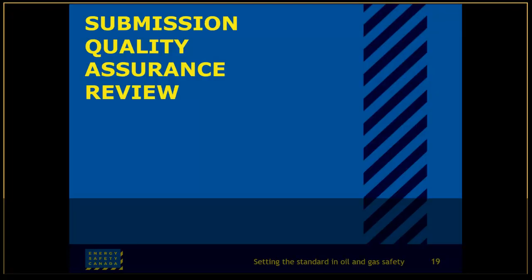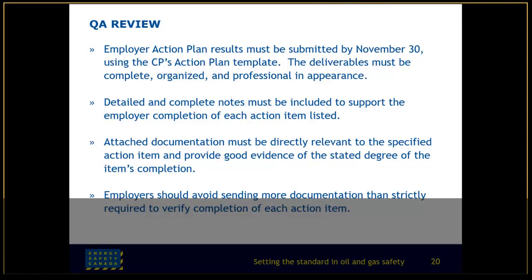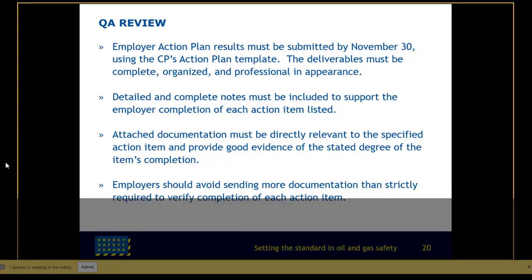So the quality assurance process is done by us. Obviously we need to see that it's submitted by November 30th, all the deliverables are complete, organized, and legible, and the note sections are completed for each objective.